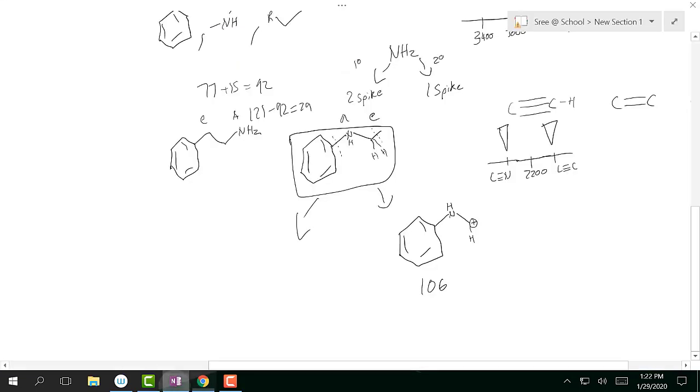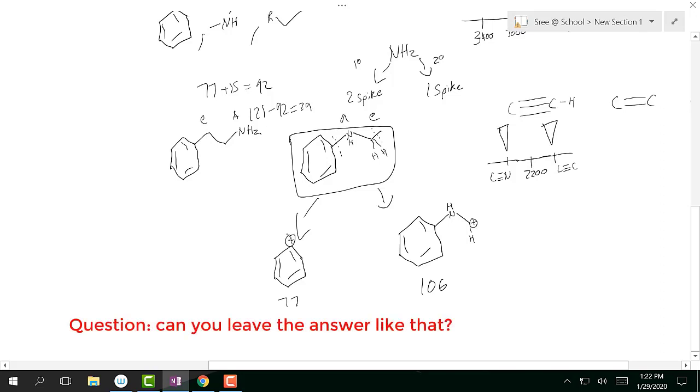You should be left with a benzene ring with a positive charge on one of the carbons. Either way, you could either do that and put the positive charge outside and a radical next to it, or you can do that. I think either way you should get credit.